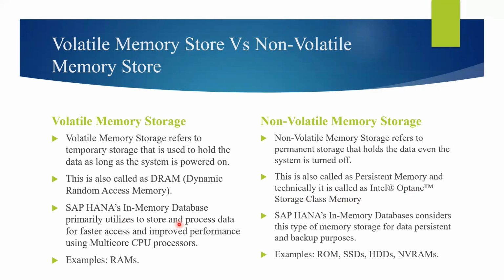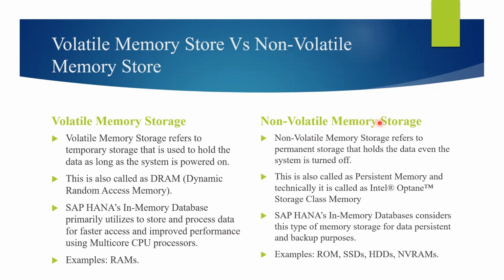For fast processing and improving performance of SAP HANA system, parallel processing is used, which breaks complex tasks into simpler ones and assigns them to multi-core processes. This parallel processing technique we have already learned in the fifth lecture.